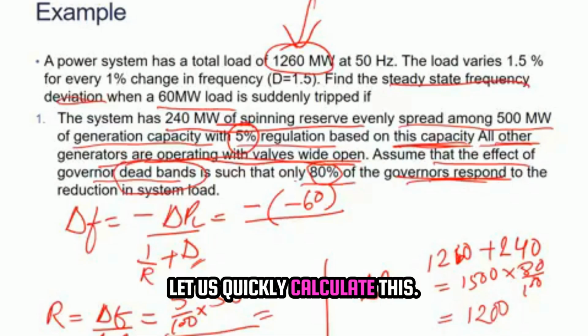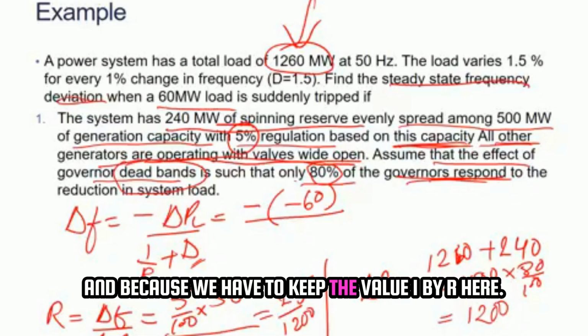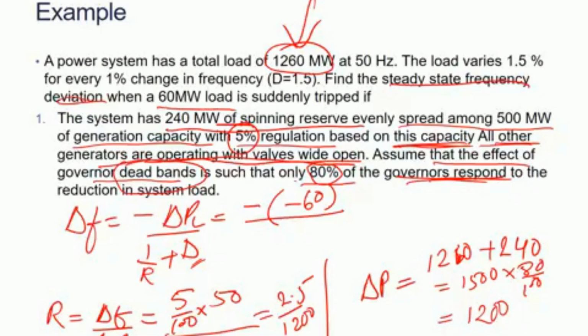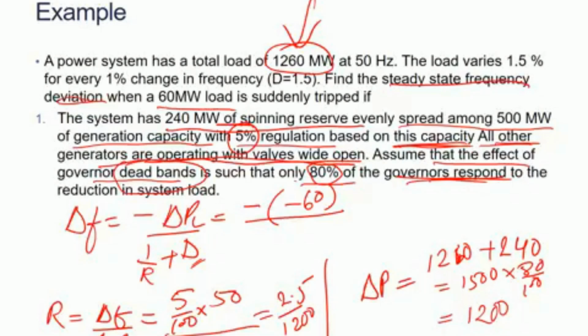Let us quickly calculate this. So this will be 2.5 by 1200. And because we have to keep the value 1 by R here, let us calculate 1 by R. What is the value of 1 by R? It will be 1200 by 2.5. Can you quickly help me out on that?